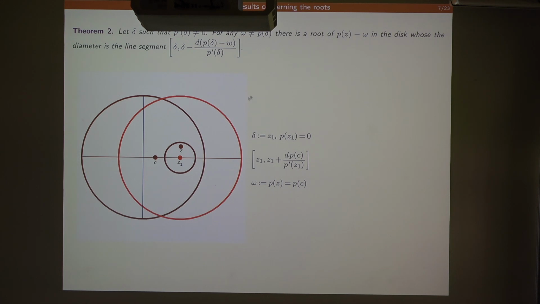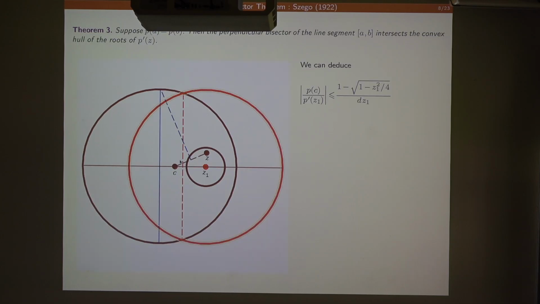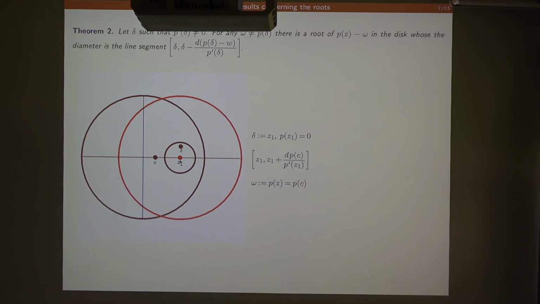The first says, if you consider Z1 on the x-axis, and you consider C between 0 and Z1, like that. The result says there exists a circle around Z1, like that.